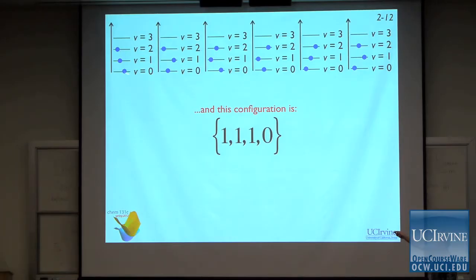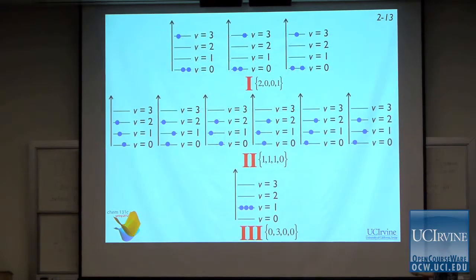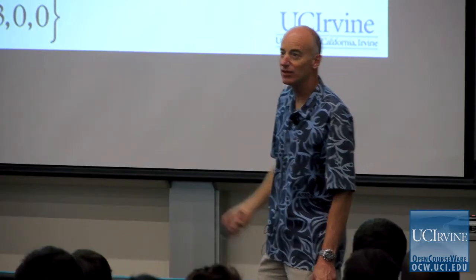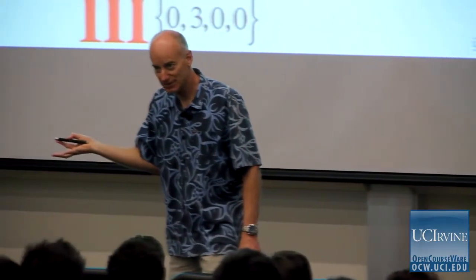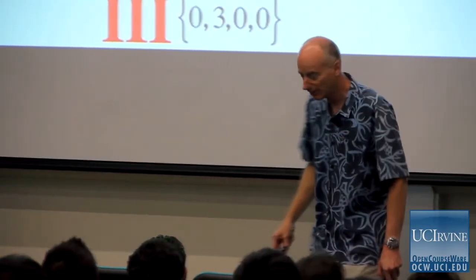And these, analogously, {1, 1, 1, 0}, and of course, there could be any number of zeros. This one is {0, 3, 0, 0}. So we have a notation that we can use to identify these different configurations. That's all this is. There's no interesting science here.